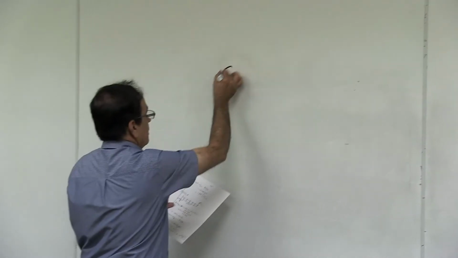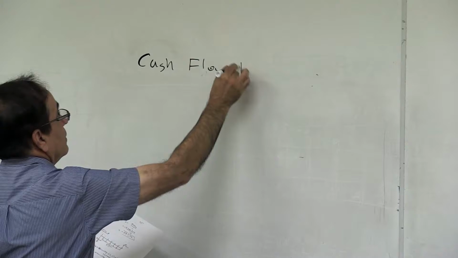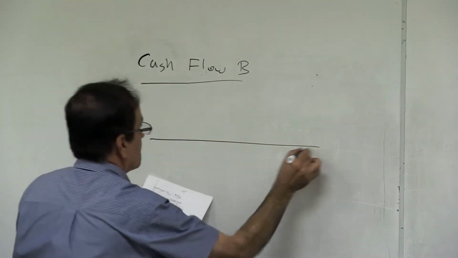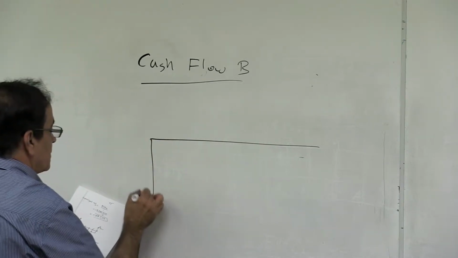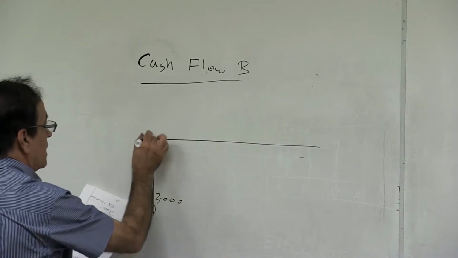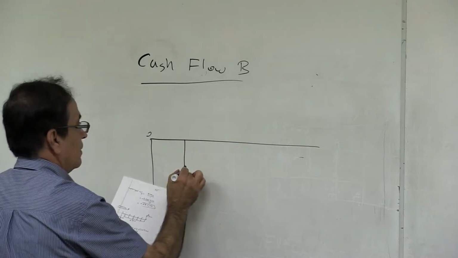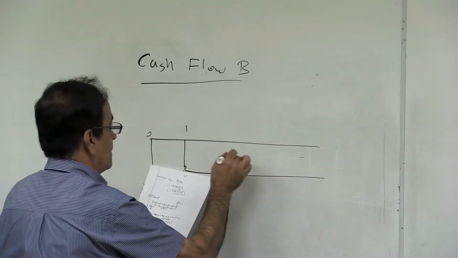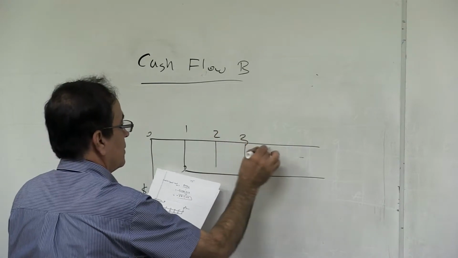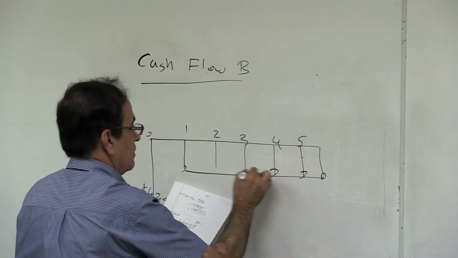In order to do this, we're going to draw the cash flow diagram only for one cycle for alternative B. So for alternative B, the initial cost is 43,000 at time 0. Then you have an annual operating cost of 19,000, and the life of this alternative is 6 years: 1, 2, 3, 4, 5, 6.